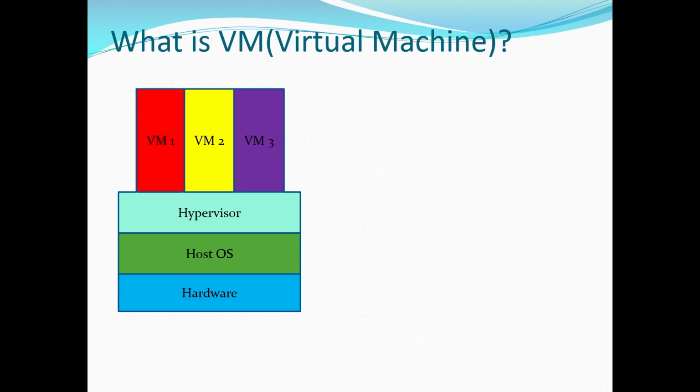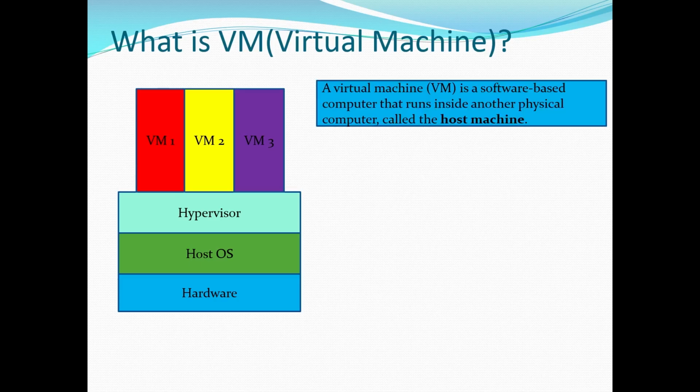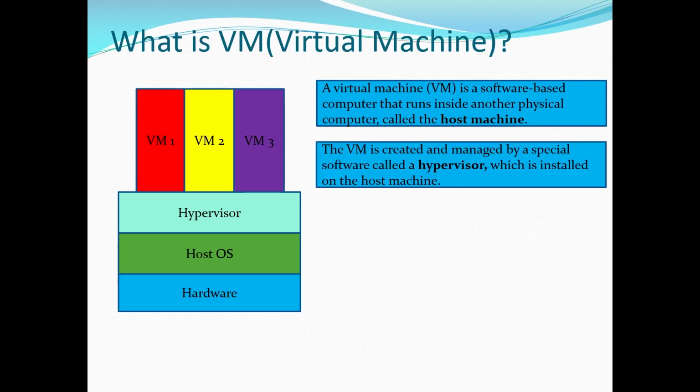So a virtual machine is a software-based computer that runs inside another physical computer called the host machine. The virtual machine is created and managed by a special software called the hypervisor that I mentioned just now, which is installed on the host machine. So VirtualBox, the hypervisor, will be installed on your own system.